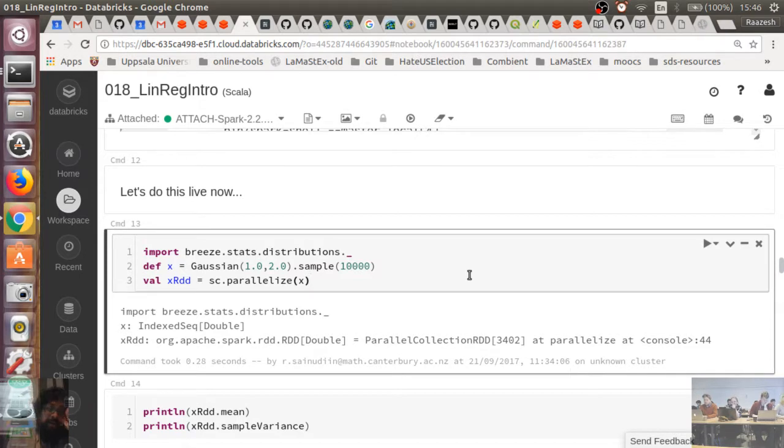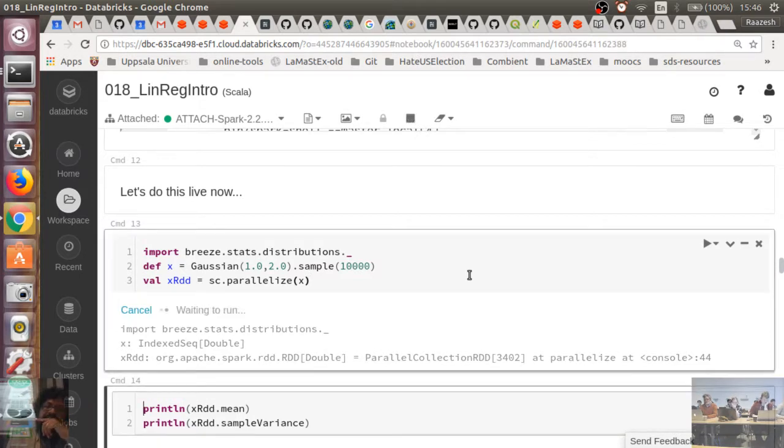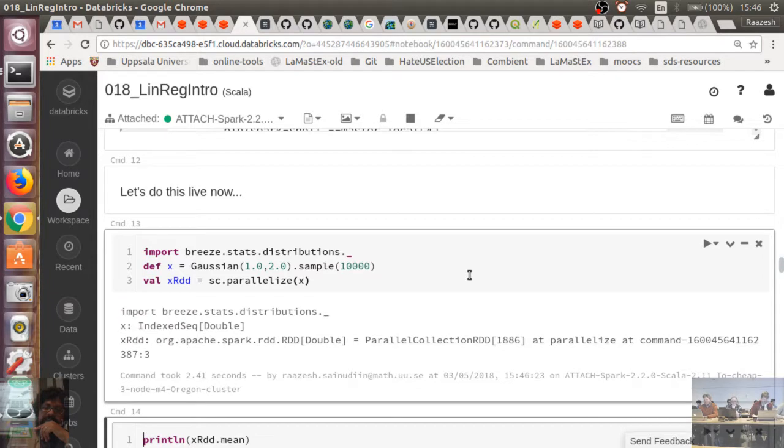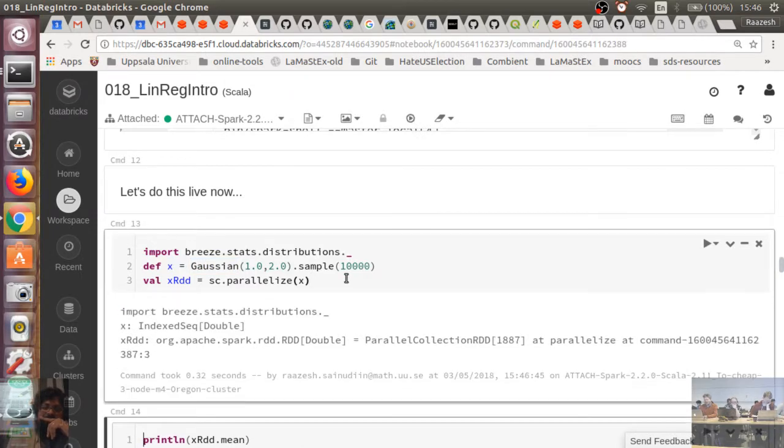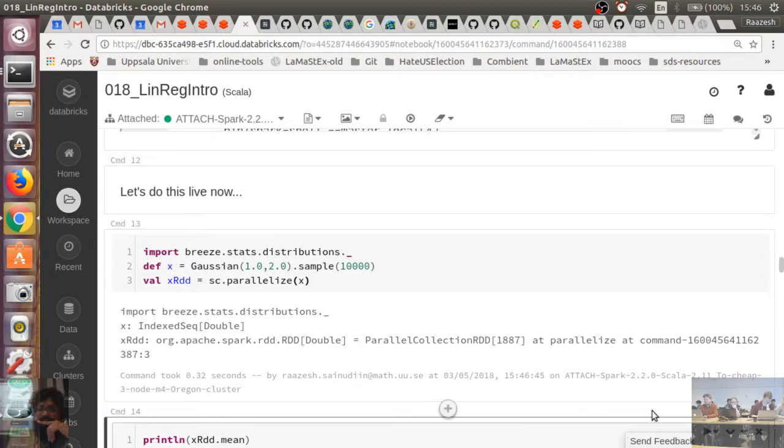So I can import Breeze stats distributions everything. I now have at my disposal all these distributions like Gaussian, which is a normal distribution. Gaussian 1, 2, and then I'm sampling 10,000, and turning this lazily defined Gaussian into an RDD, XRDD.